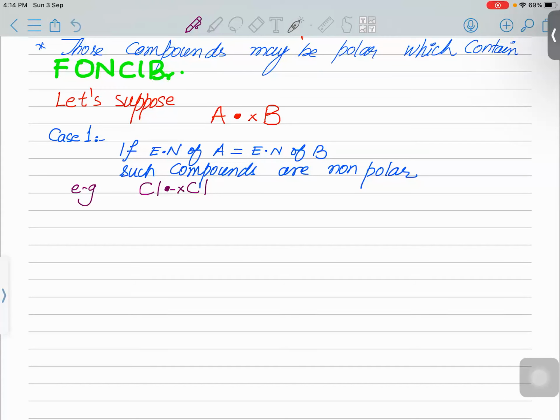Both have same power to attract bond pair, so their attraction is cancelled out. So bond pair remains on the same position.